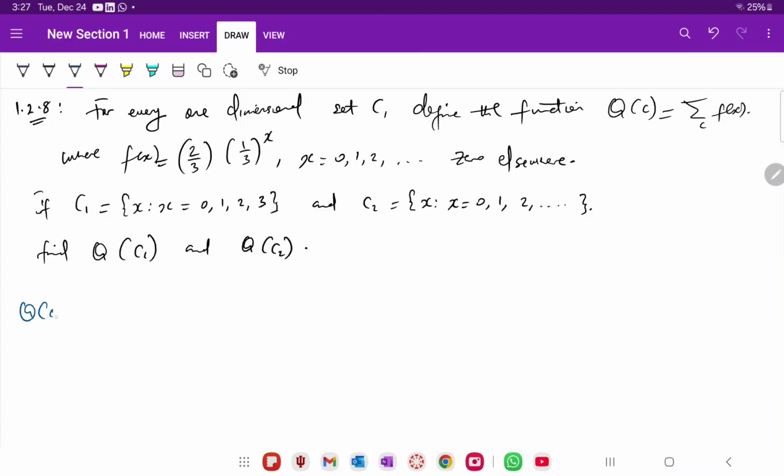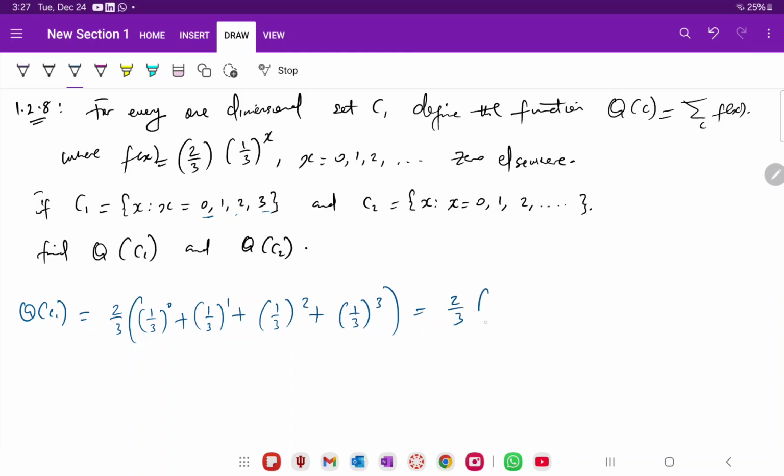For Q of C1, we really have x equals 0 to 3, that will be 2 over 3. Then substitute the value of x. We have 1 over 3 to the power 0 plus 1 over 3, 1 over 3 squared, 1 over 3 cubed. Then this is equal to 2 over 3 times 1 plus 1 third plus 1 ninth plus 1 over 27. Then you can finish up this.